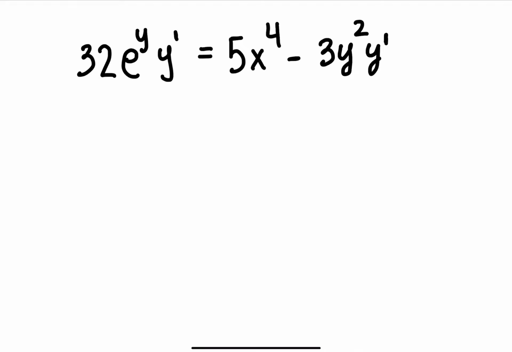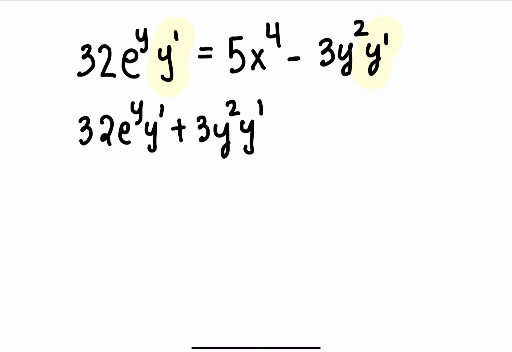Remember, my goal here is to solve for y prime. So it's always easy to bring all of these to one side. So I'm going to bring 32 e to the y times y prime plus 3y squared times y prime is 5x to the power 4. Now do you see all the y primes on one side?